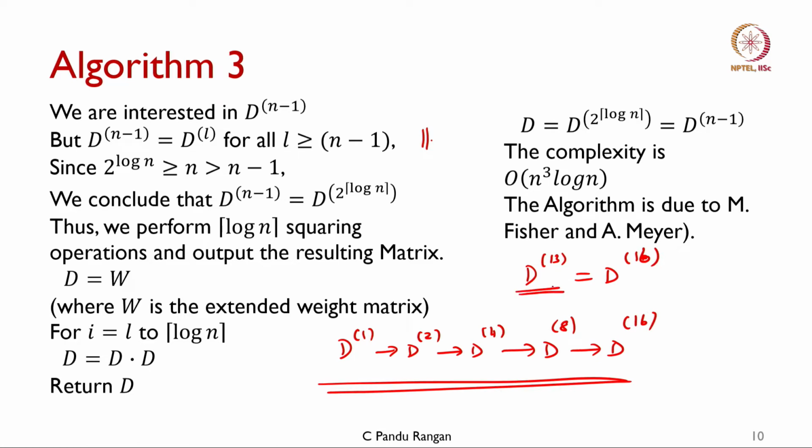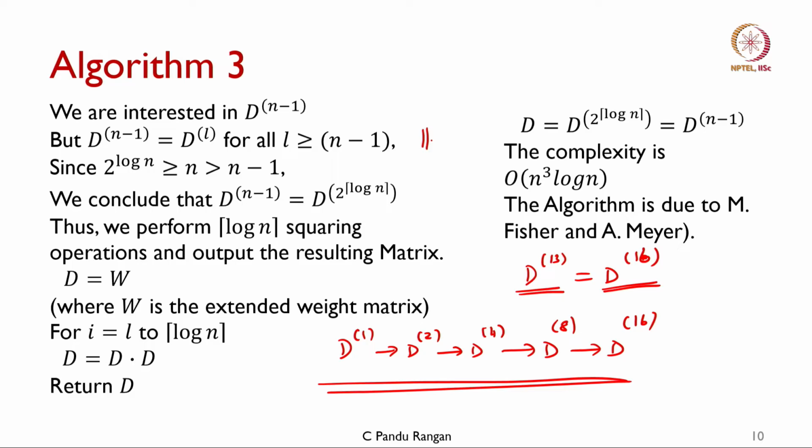So, I will compute D13 by computing D16 easily. So, maximum I am going to have log n steps, because 2 power log n will be greater than n minus 1. So, by squaring log n times, I get the answer.